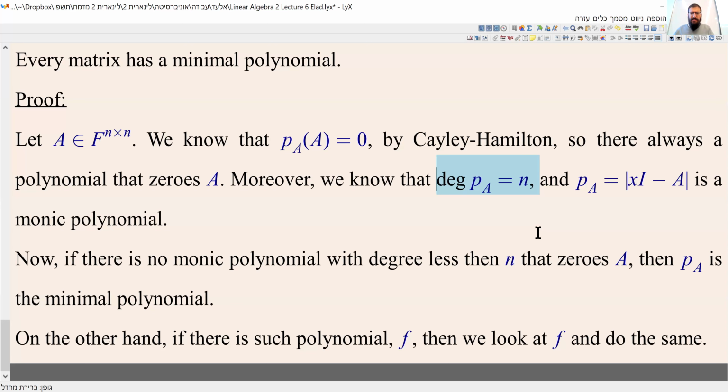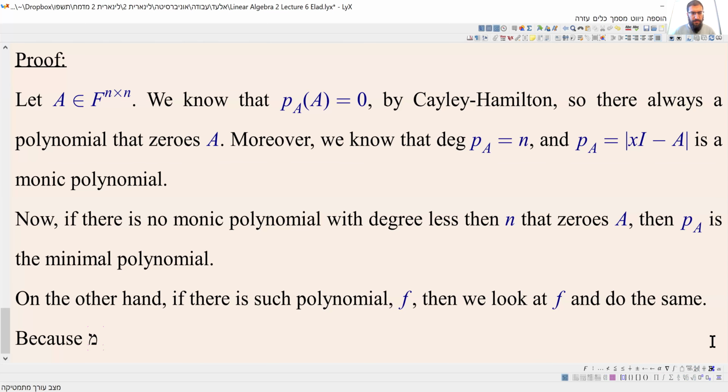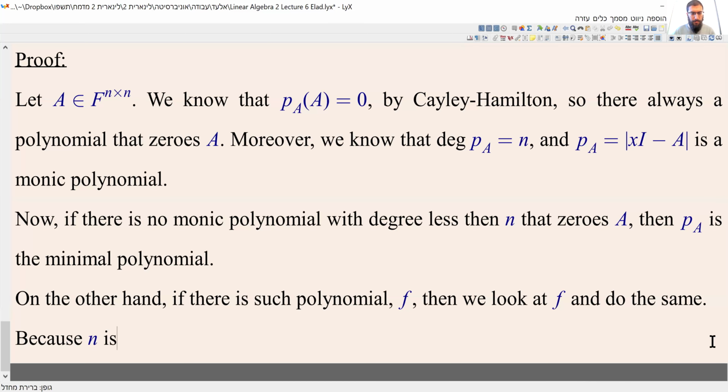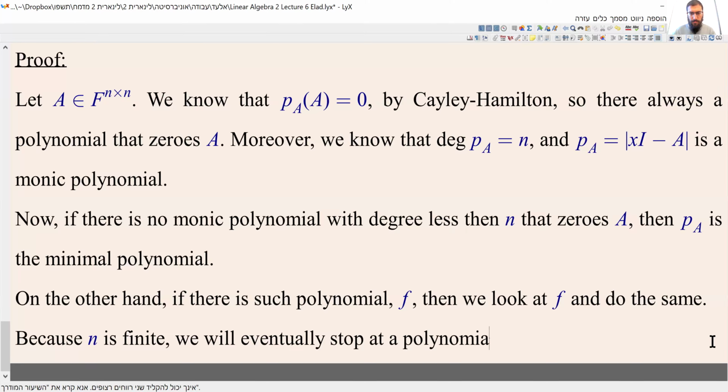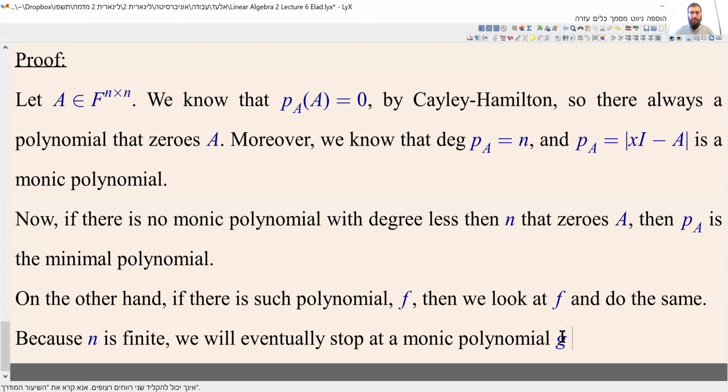Because n is finite, we will eventually stop at the monic polynomial, let's call it g.